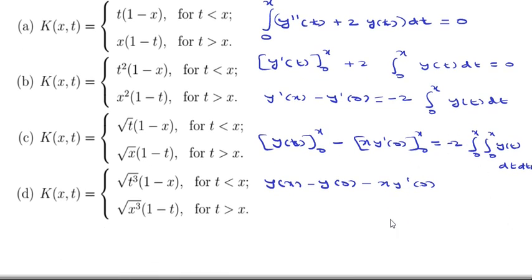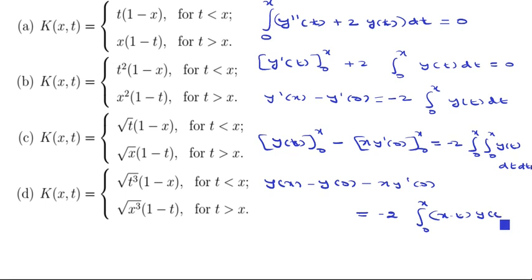Here we can use the formula for the term on the right hand side. So this is equal to minus 2 times integral 0 to x of x minus t, y of t dt.